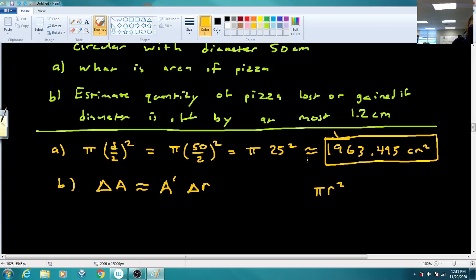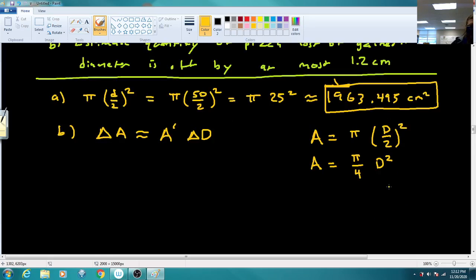Wait, they're doing it in terms of diameter. So let's use capital D for diameter. So instead of the radius being off, we're saying the diameter is off by 1.2 centimeters. So my area function is going to be pi times the diameter cut in half squared, which let's simplify a little bit. It'll be pi over 4 times the diameter squared. So here's our area function in terms of diameter.